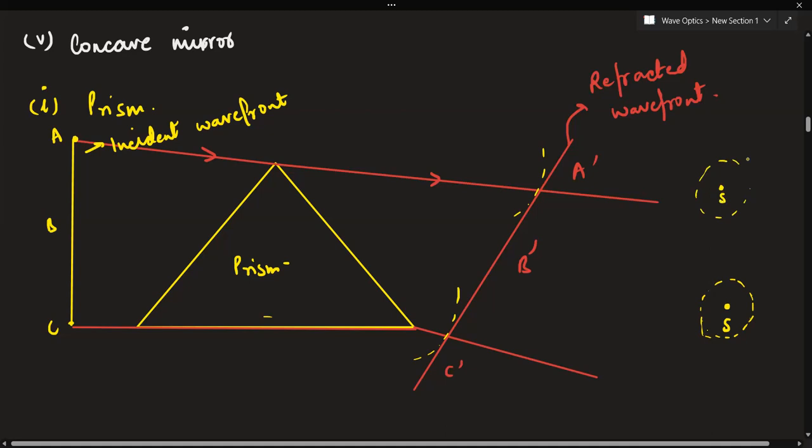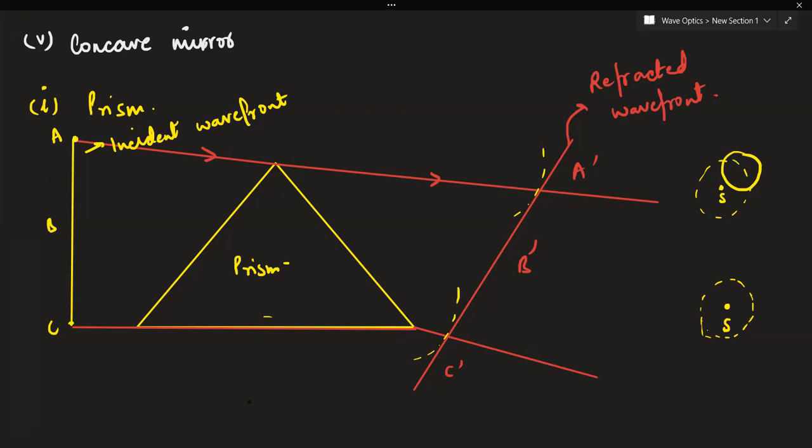If A is acting as a source of light, all these things are closer to each other. For us to understand, I have drawn it with a larger separation. So this curved part I have drawn is actually the curved wavefront for this point A only.